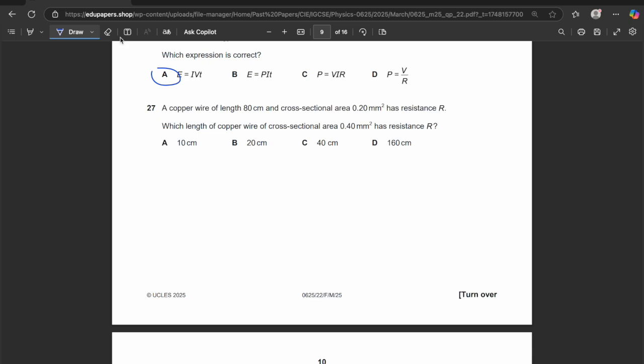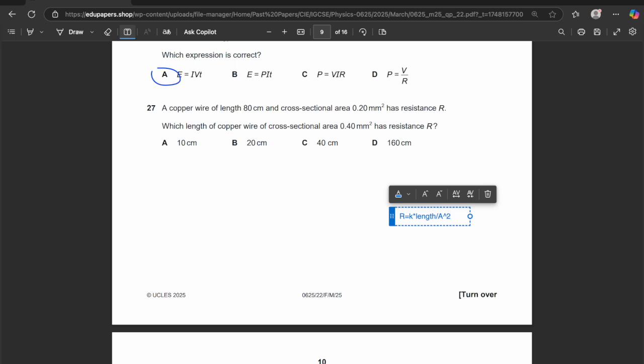I hope you know this equation, where the resistance is equal to the resistivity constant, times the length of the conductor, divided by the cross-sectional area.